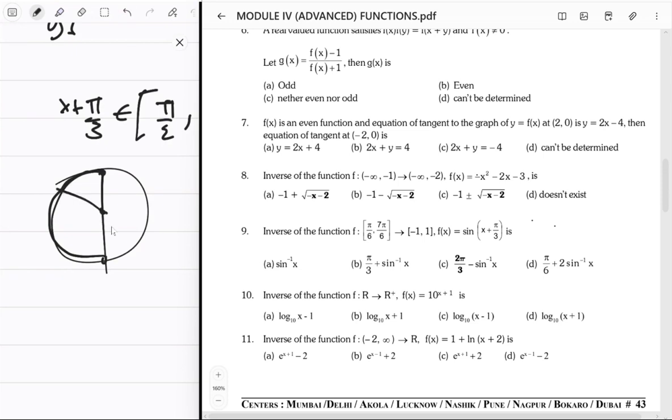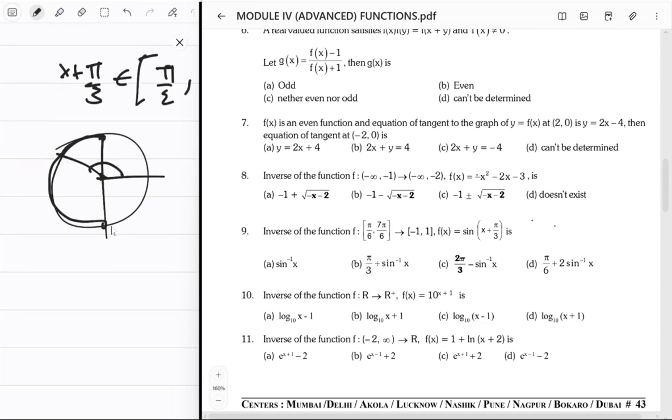For this angle, x plus pi upon 3, whatever this thing theta is, you've got this sine theta value. The sine inverse is actually going to give us this part, so we don't want that. We actually want this complete thing.